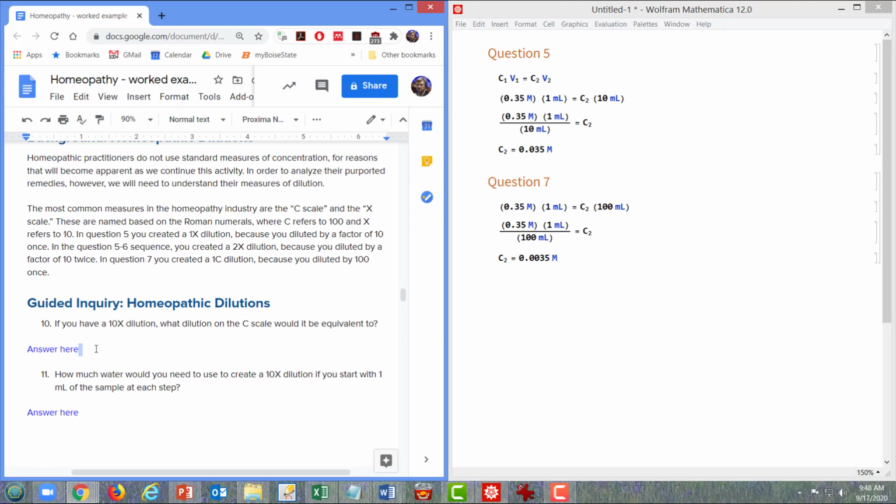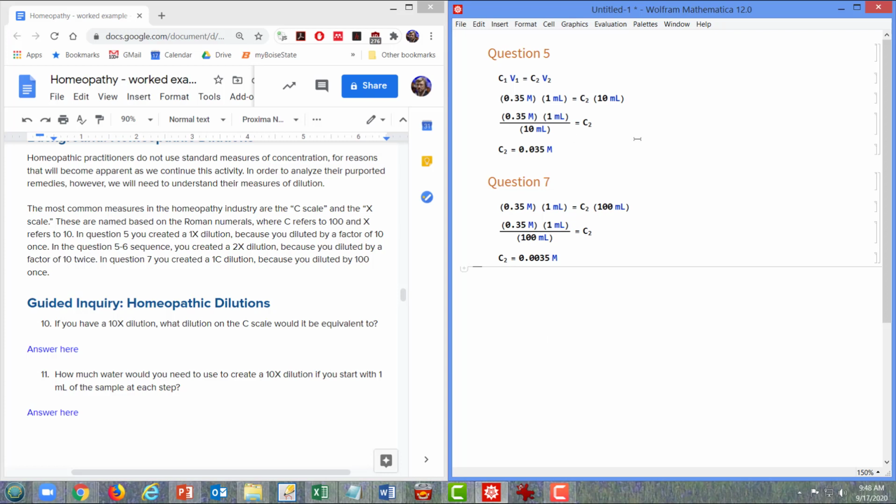So, if you have a 10x dilution, what dilution on the C scale would it be equivalent to? So let's see here. When we do a 10x dilution, so I'm going to say here question 10, a 10x dilution means dilute by a factor of 10, 10 times.